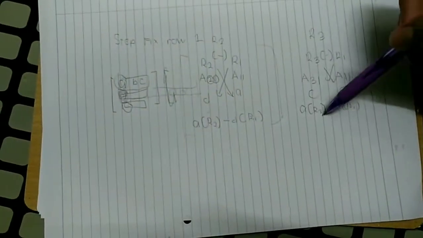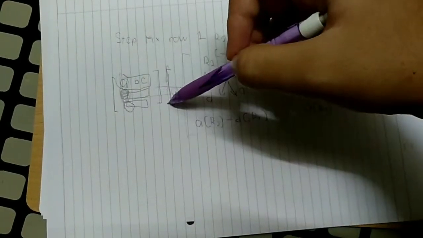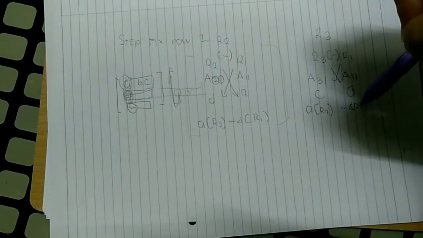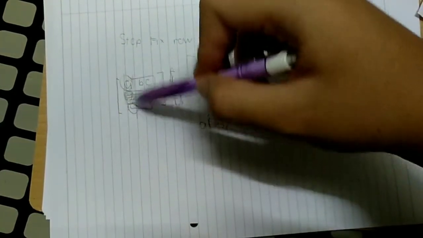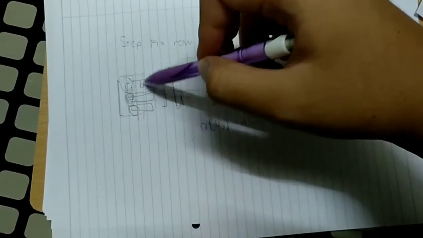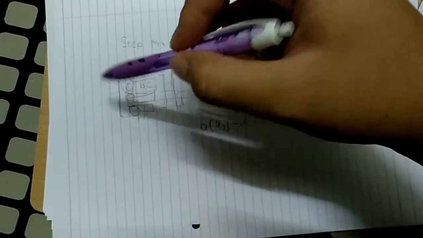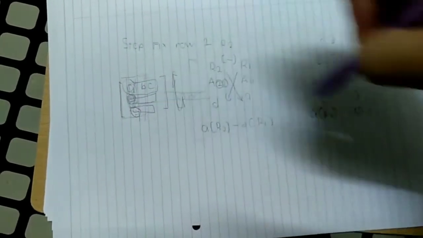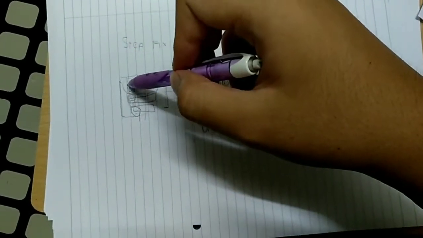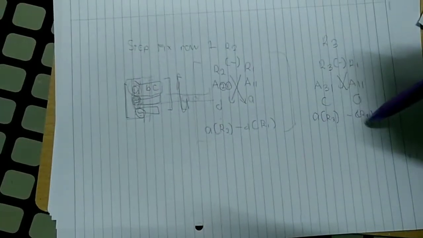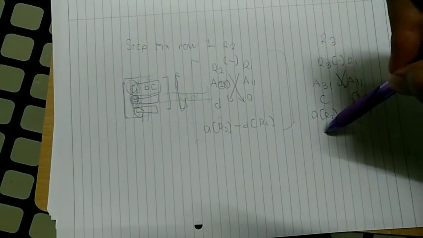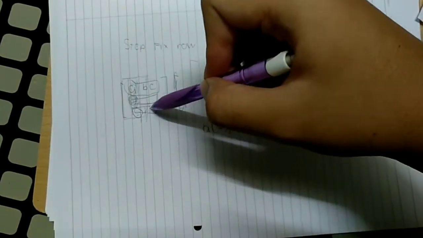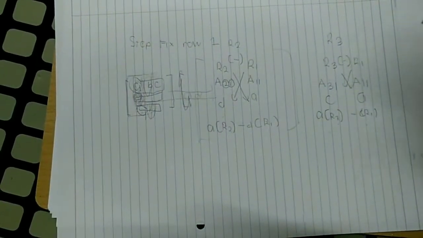You pick the element from row 3 and also the element from row 1. If you choose one column, stay with that column, don't change into another column. If you choose C, make sure you choose A for R1. If you choose R3 as C, then if you choose something like F here, just choose B as your R1. So that's it for step 1.